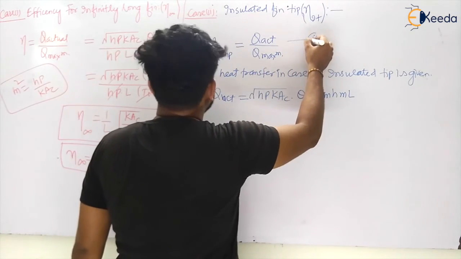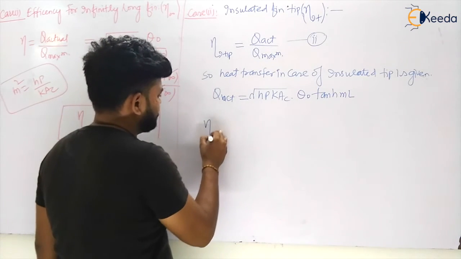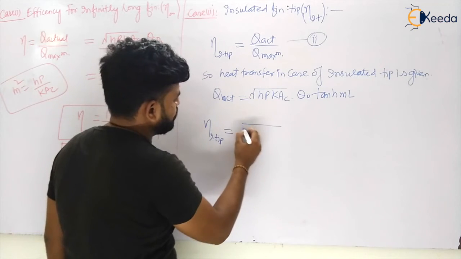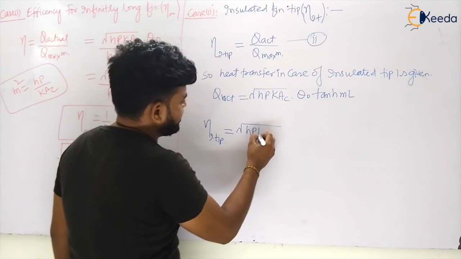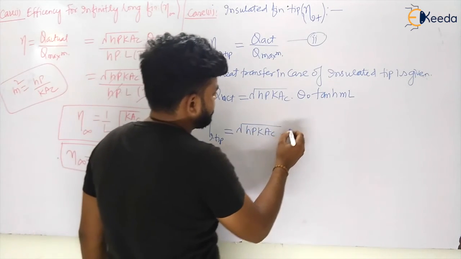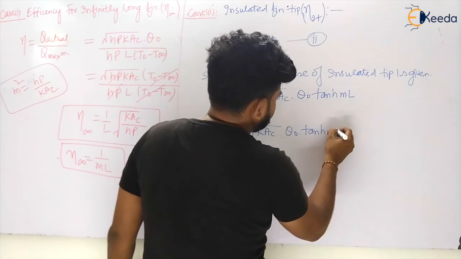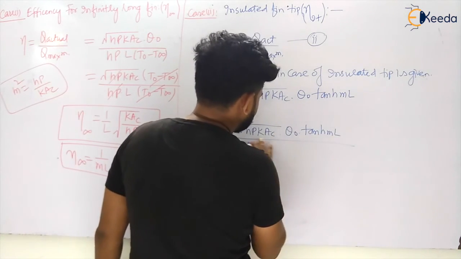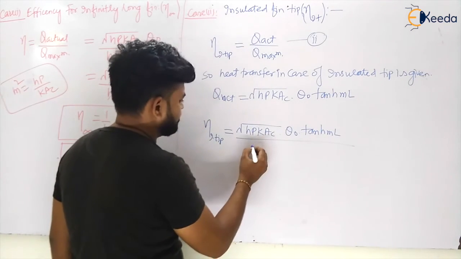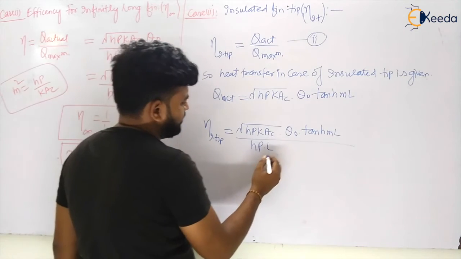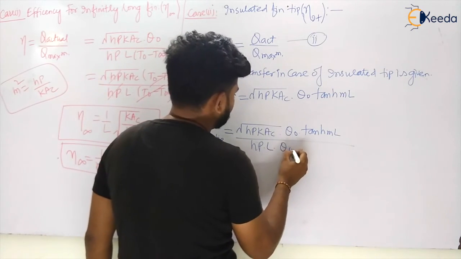So let us put all the values in this equation. Let us take this equation number second. So efficiency of insulated tip will become equal to how much? This will become under root of hPkAc into theta naught tanh mL divided by, again the same, hPL into theta naught, my dear students.